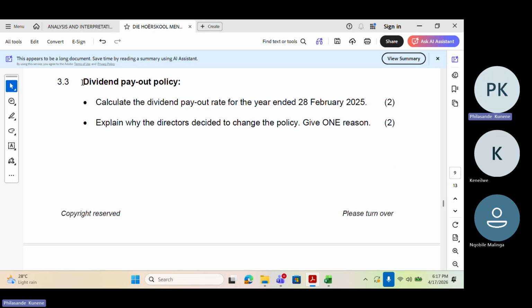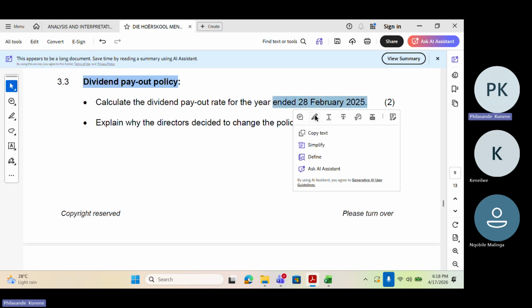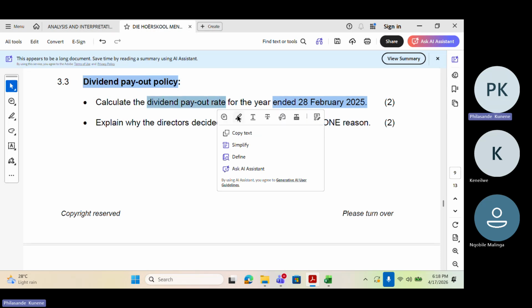3.3, dividend payout policy. So we're looking at the dividends per share here, how much we're paying in dividends based on the earnings of the company. The question is saying here, calculate the dividend payout rate for the year ended 28 February 2025, right? From the formulas that we worked on for ratios, we don't have an exact formula for a dividend payout rate.